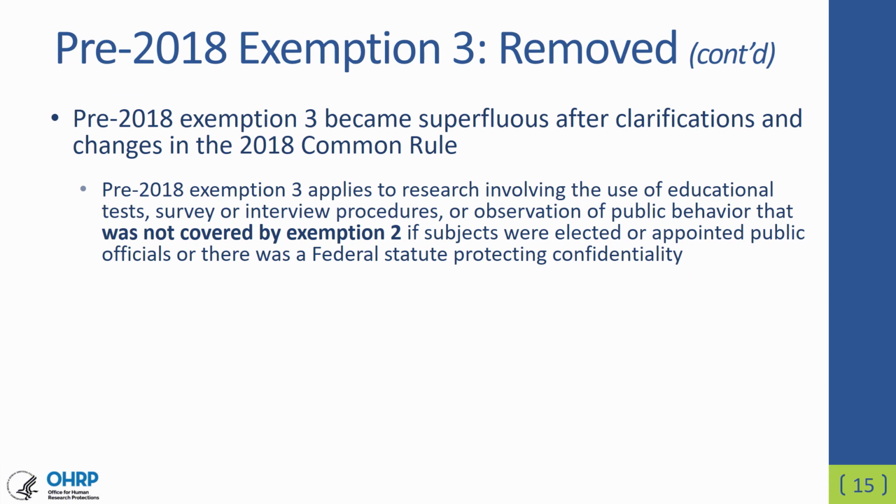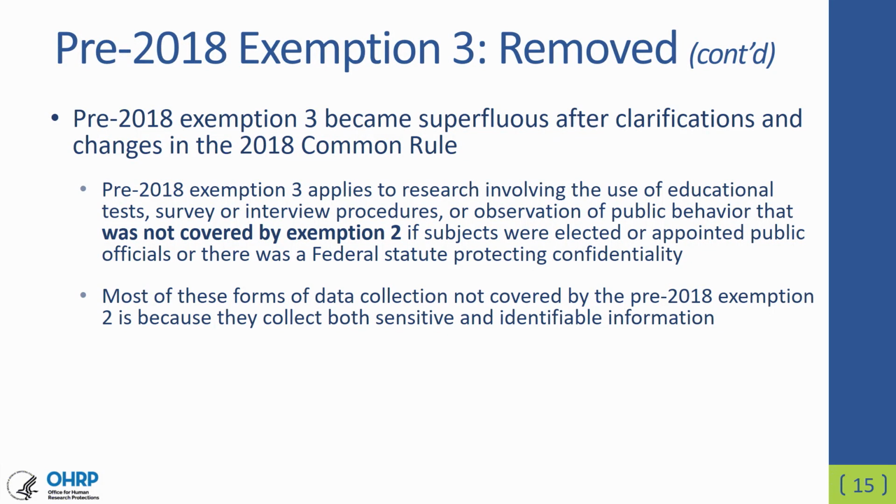Another reason for removing the pre-2018 Exemption 3 is that this exemption applies to research involving the use of educational tests, surveys, or interview procedures, or observation of public behaviors that were not covered by Exemption 2, if the subjects were elected or appointed officials, or if there was a federal statute protecting confidentiality.